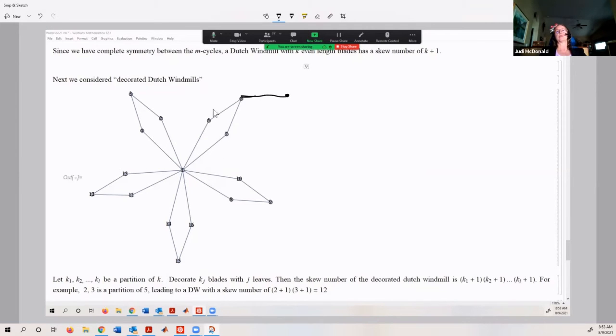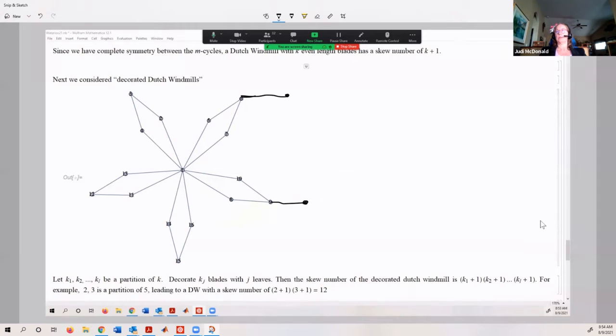Flipping the sign of this particular cycle will not change the coefficient of x to the n minus 6. So using these, what we call decorations, I can start to pair how my cycles behave in a different way. If I add an edge to the end of 2 of these blades, then I'll have 2 paired one way and 3 behaving the other way.